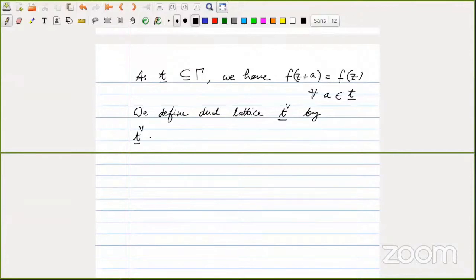The trace dual T underline dual consists of all those elements A inside R^n such that S of A times X belongs to Z for all X coming from the lattice.